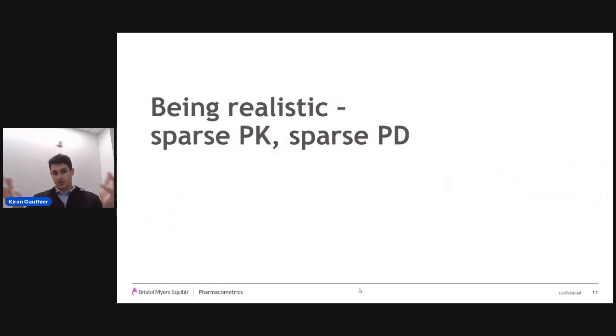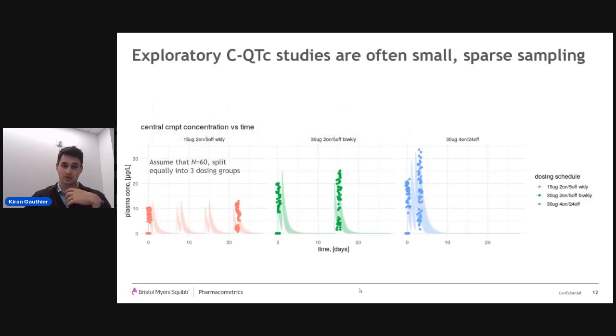Okay, so being realistic, I've been doing this a lot on the job: looking for signals, prolongation, delta QT intervals, for sparse samples in particular. So I just assume that I have about 20 patients in each arm. I get samples pre-dose at 0 hour and then 2 and 6 hours post-dose on the first and last days of dosing.